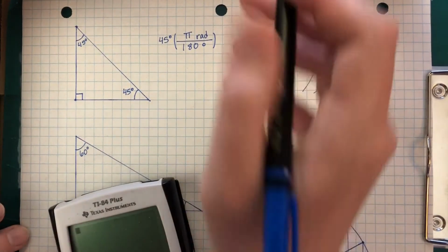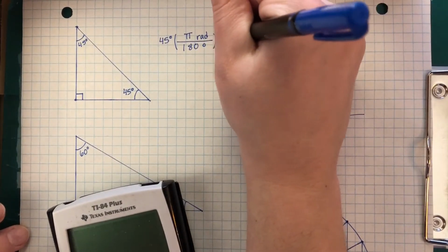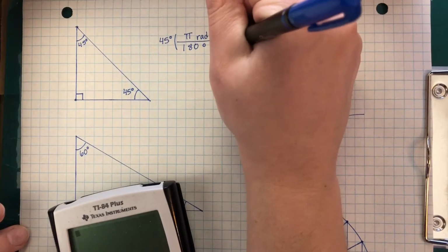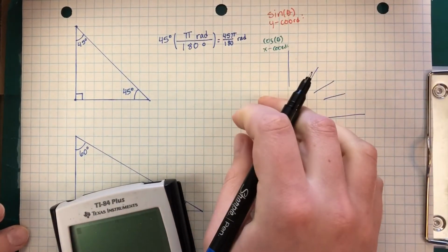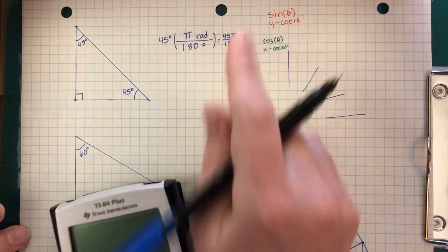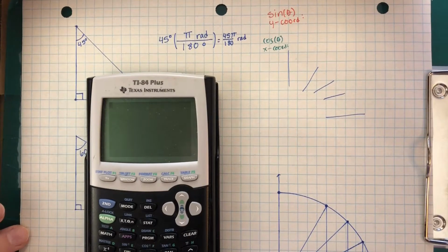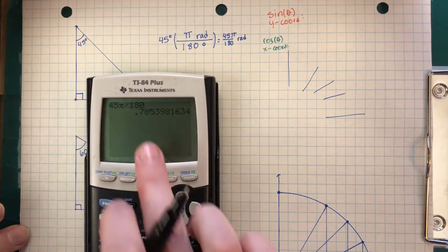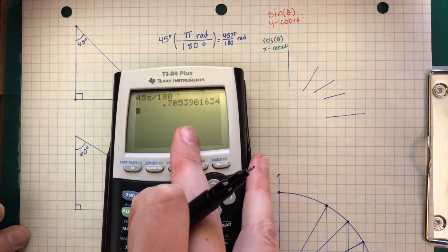So this is going to come out to be 45 pi over 180 radians. And you could get a decimal number here. In fact, why don't we do that just for fun? So 45 pi divided by 180 is this number, 0.78539.